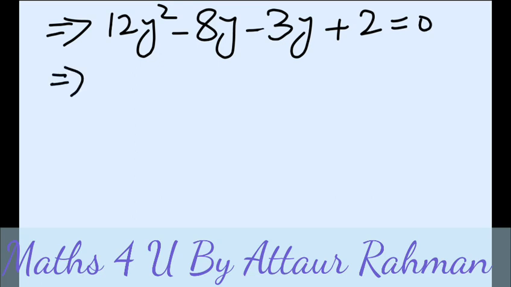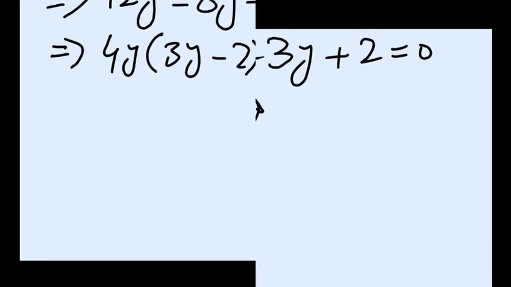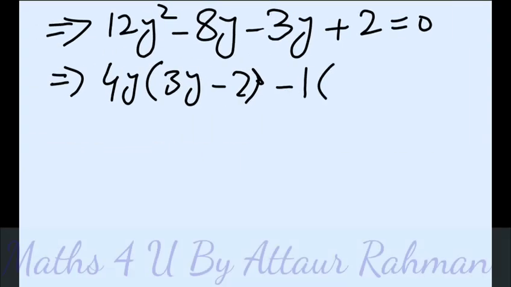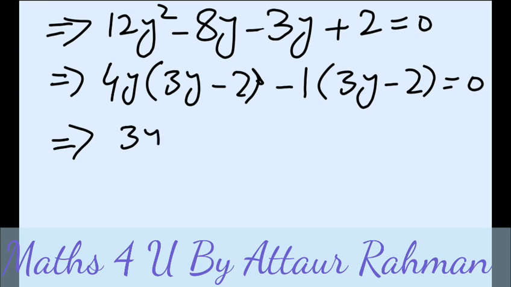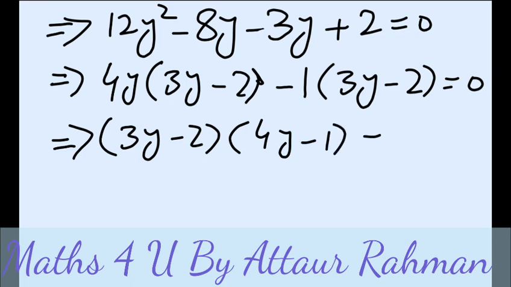So take this out as a common factor. And in the second part, we have minus 1 as a common factor. So we have 4y into 3y minus 2 minus 1 into 3y minus 2 is equal to 0. Here we again have a common factor, 3y minus 2. Taking it out, we have 3y minus 2 times 4y minus 1 is equal to 0.